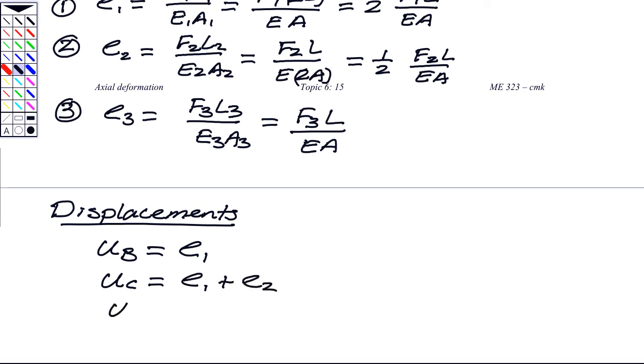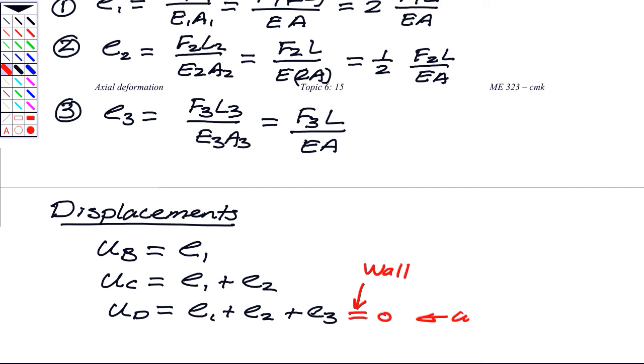And if we go over to the far right-hand side of the wall, the elongation here is E1 plus E2 plus E3. But one thing that we know is that this is actually equal to 0, because at D is a wall. So this becomes our compatibility equation.